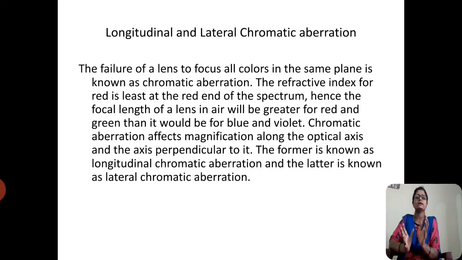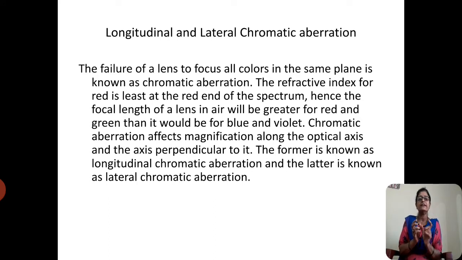A lens without this defect would have all colors merging at a certain point. But in the case of chromatic aberration, the lens does not focus all colors in the same plane.